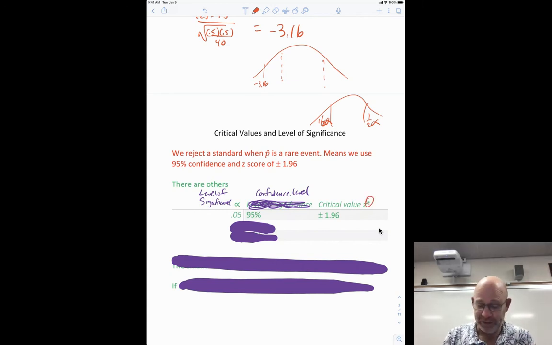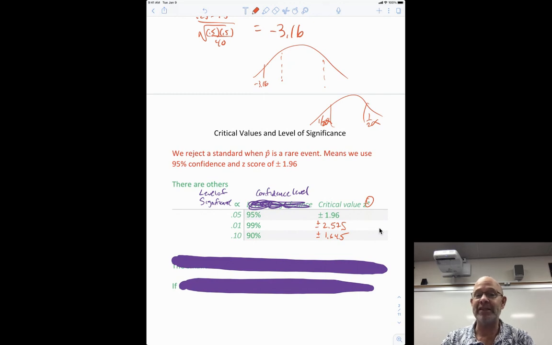They have critical values that go along with them. These are called z-stars. Z stars, called critical values. For 95%, it's 1.96. The most common ones, of course, are 99%, which goes along with 1%, which is plus or minus 2.575. And then the 90%, or 10% alpha, is plus or minus 1.645. Those are the cutoffs, right?